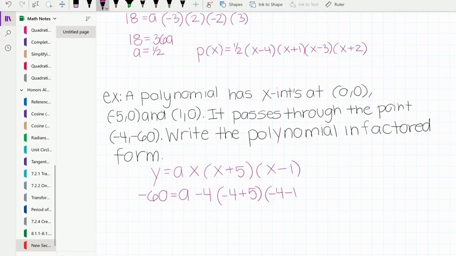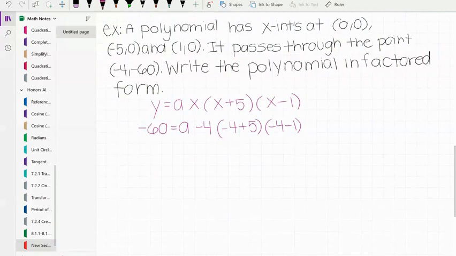And from now on, when you look at a polynomial and you're asked to find the equation, you would find the x-intercepts, but again, you have to plug in a point in order to solve for a, unless it tells you assume a equals 1. So we would have -60 equals a, and then we have -4 times -4 plus 5, which is 1, and -4 minus 1, which would be -5.